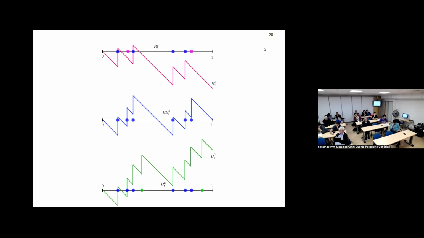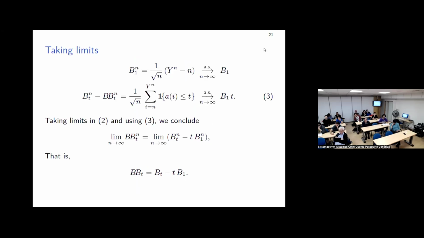And then when you take limits of that, you get B1. This is just the ending point 1. So the M1 converges to B1 almost surely, because it is just a Poisson thing.